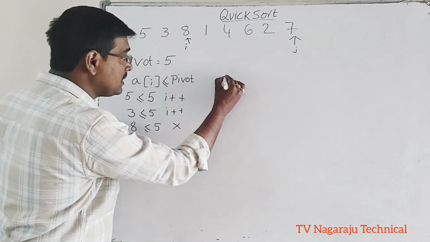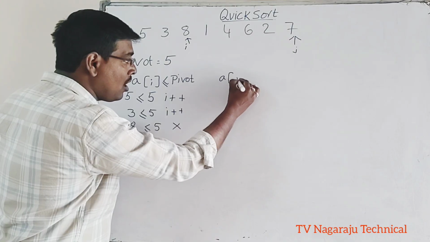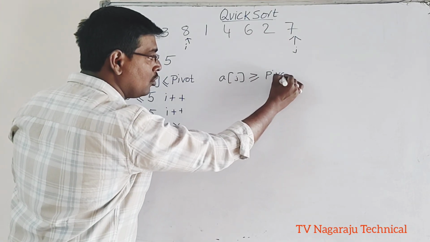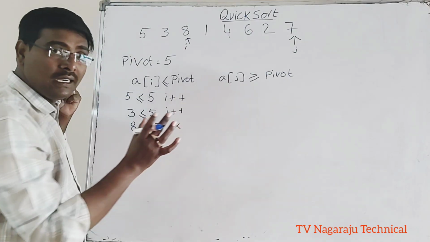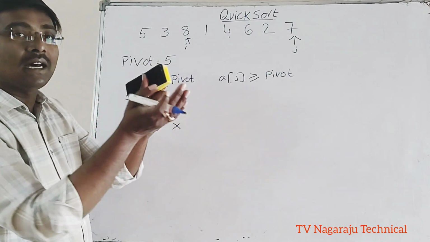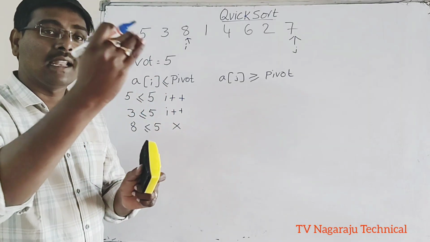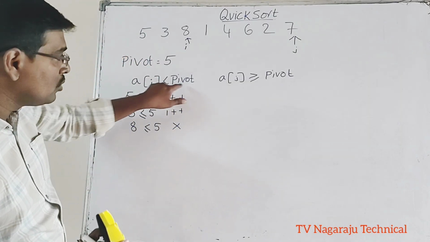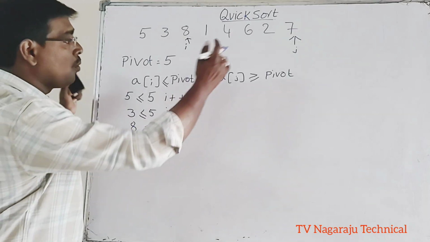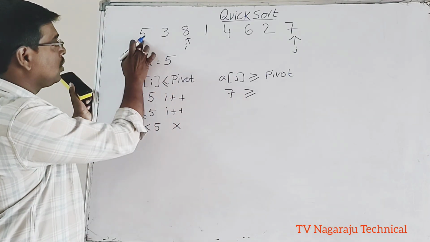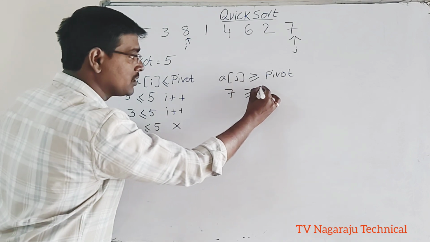So here what is the condition? a of j is greater than or equal to pivot. Why these conditions? Observe, the left side values are less than pivot, the right side values are greater than pivot. That is the reason I used this condition. What is a of j? 7 is greater than or equal to 5, my pivot is fixed.